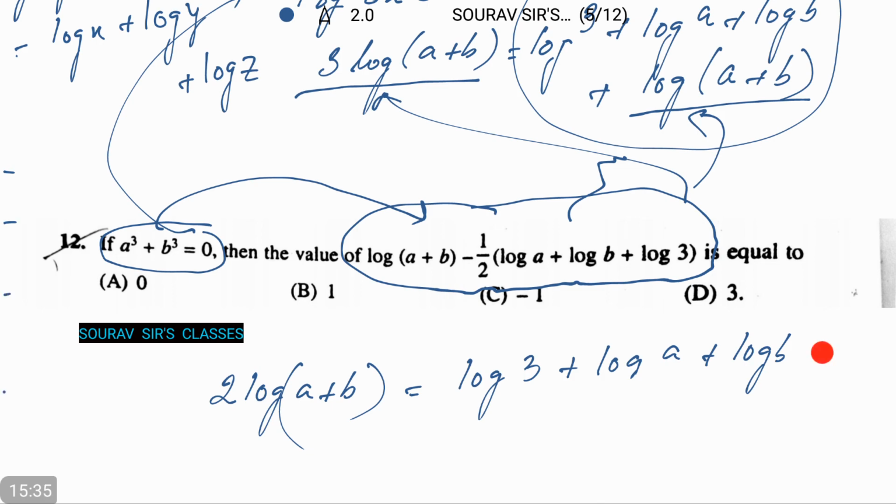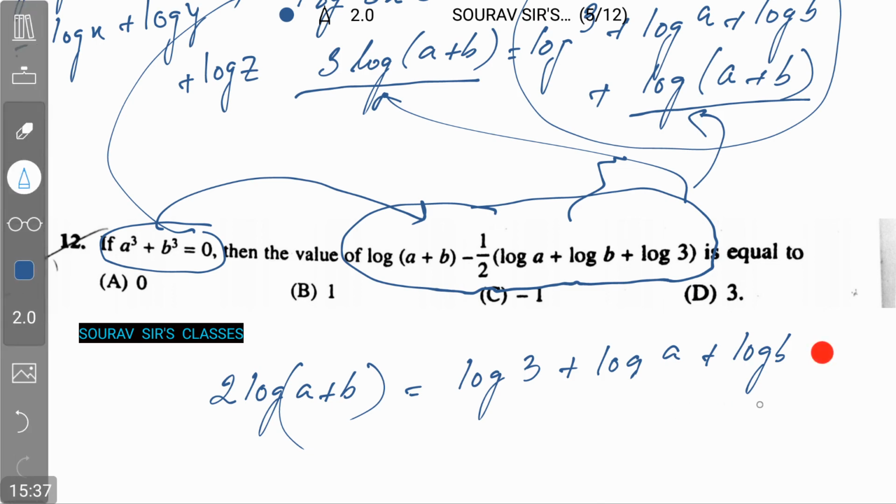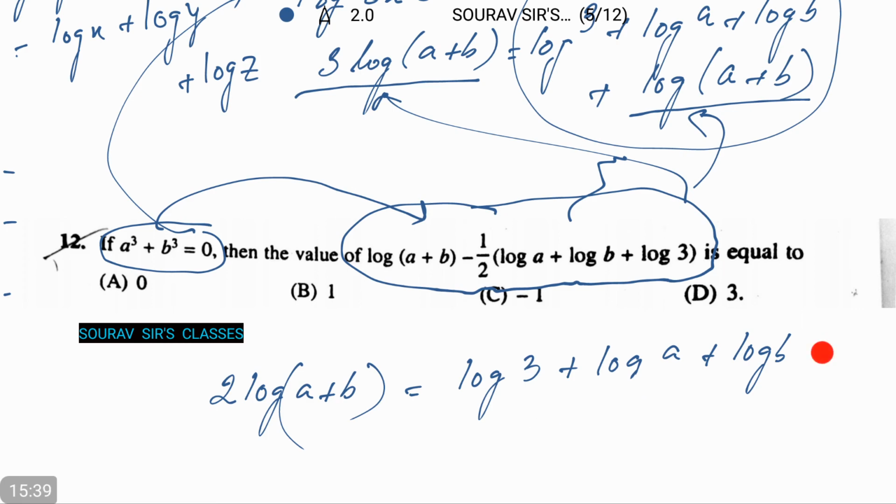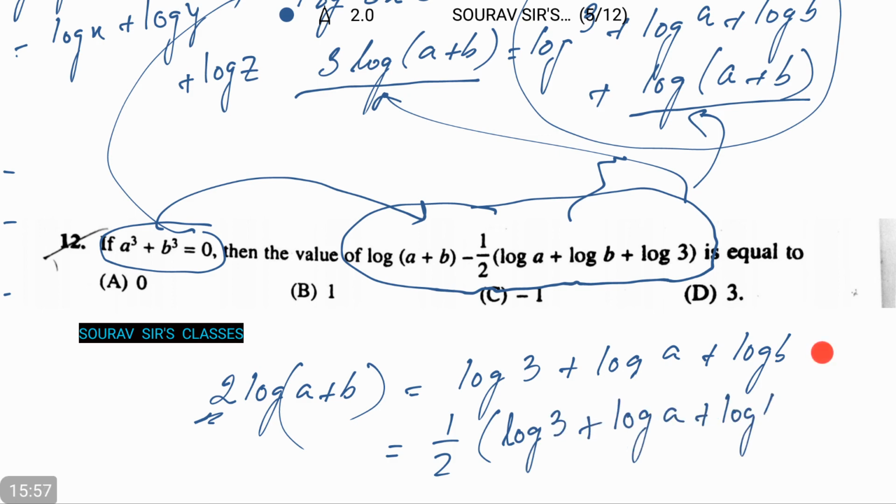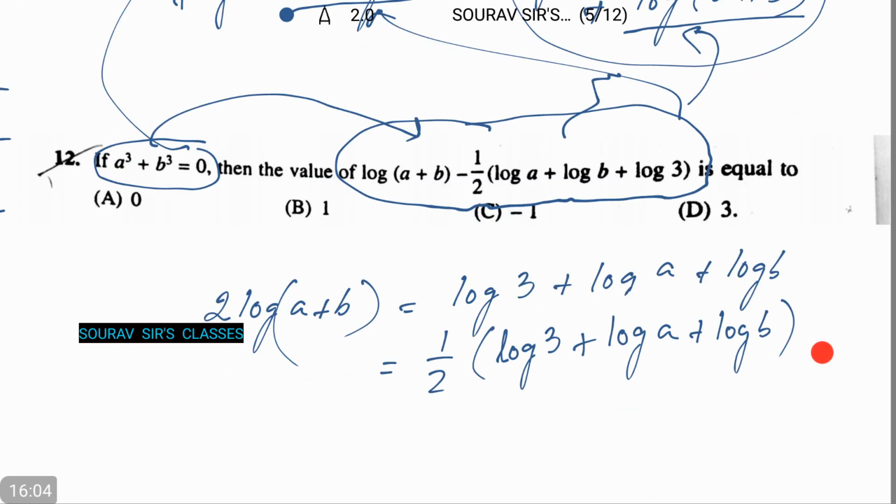Right, so here's the expression we have, and then we take this 2 and do a 1 by 2 from here, with log 3 plus log a plus log b, just simply transposing this from the left hand side to the right hand side.